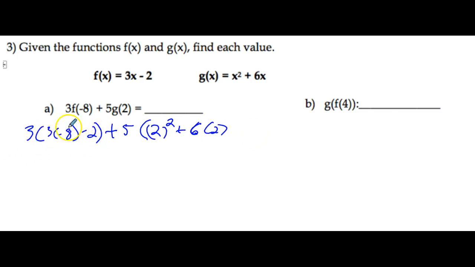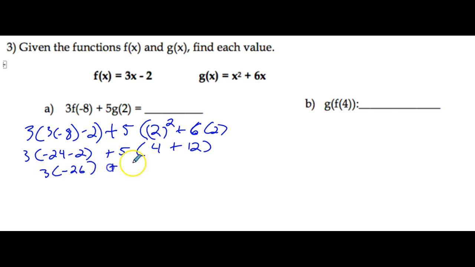Alright, so we're going to solve inside the parentheses. So it's 3 times negative 24 minus 2 plus 5 times 2 squared is 4 plus 6 times 2 is 12. Keep simplifying. 3 times negative 26 plus 5 times 16.